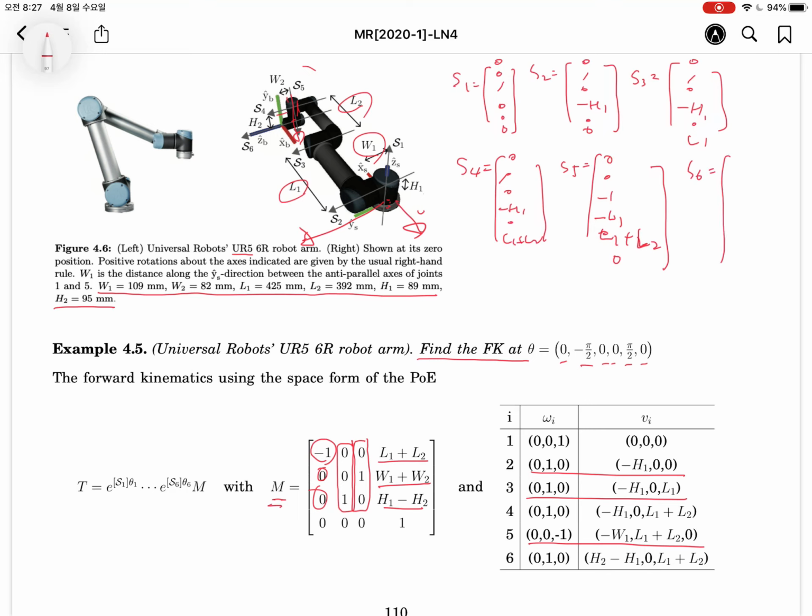And last one, S6. S6 is aligned to S3 and S4. So 0, 1, 0.